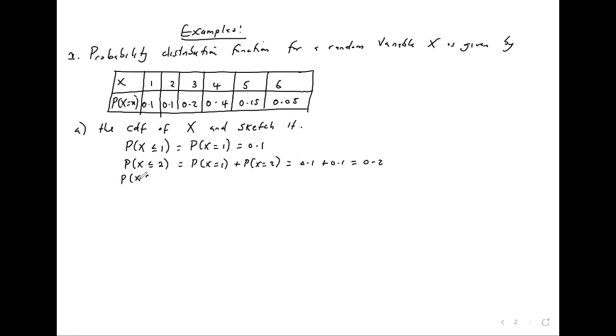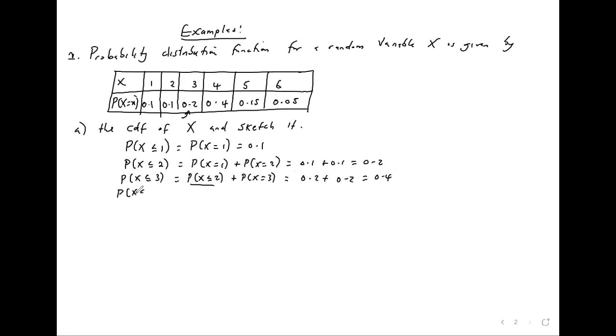The probability that X is less or equal to 3 is the probability that X is less or equal to 2 plus the probability that X is equal to 3. I'm avoiding adding probability 1, probability 2, probability 3 again. Since I've already added this, I'm just saying 0.2 plus 0.2 for X3, so that we get 0.4.